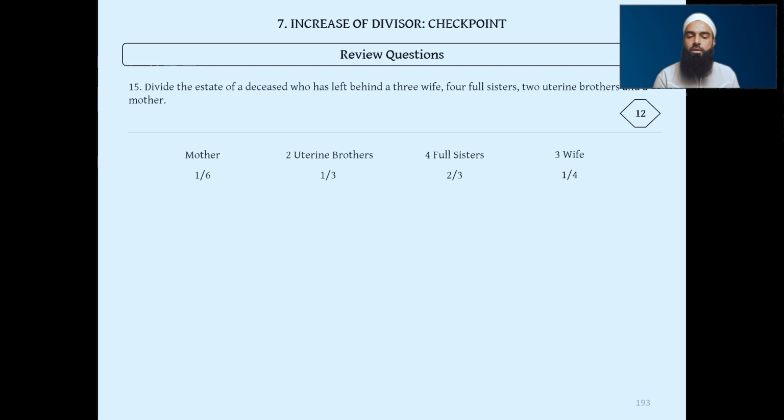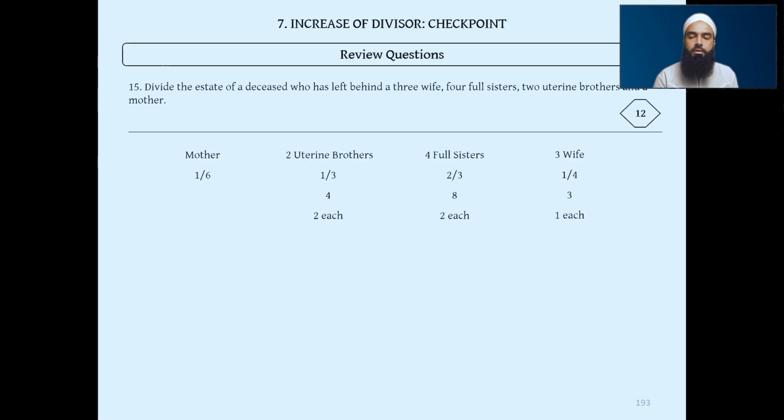A quarter of that 12 is 3, so the 3 wives get 1 each. 2/3 of the 12 is 8, and there's 4 of them, so they receive 2 each. 2 uterine brothers get 1/3, which is 4, and there's 2 of them, so they get 2 each.